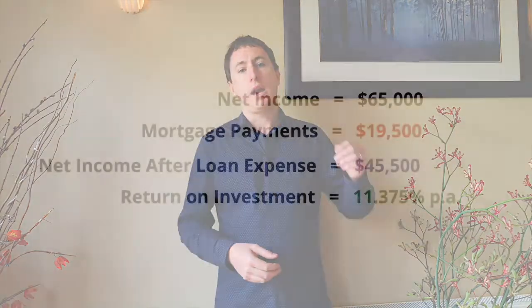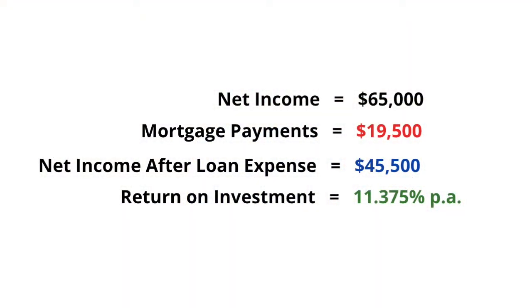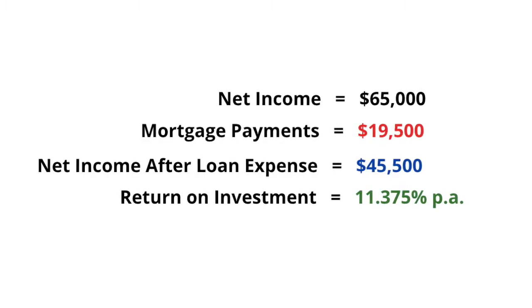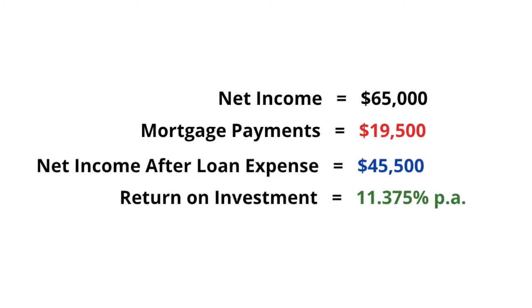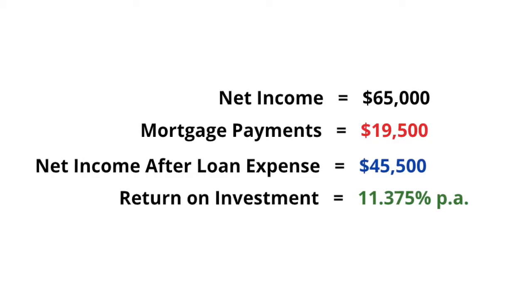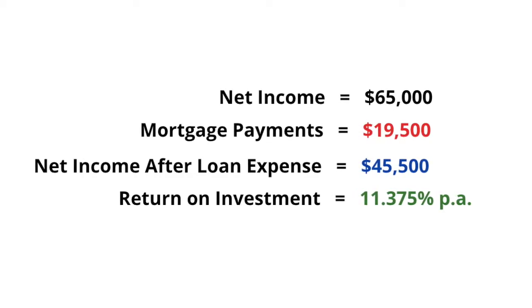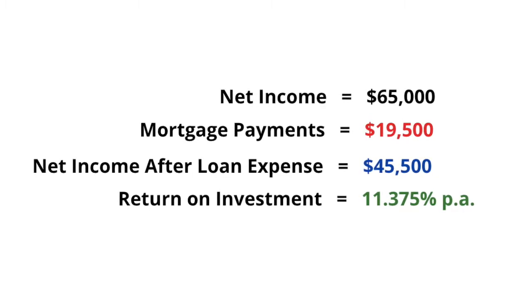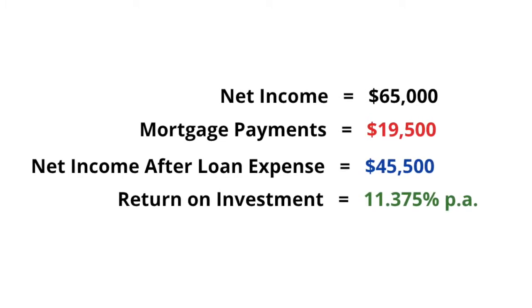You can see in the formula here, we've got $65,000 income, where we need to take off the mortgage payments. The mortgage payments are $650,000 times 3%, which gives us an annual interest expense of $19,500.